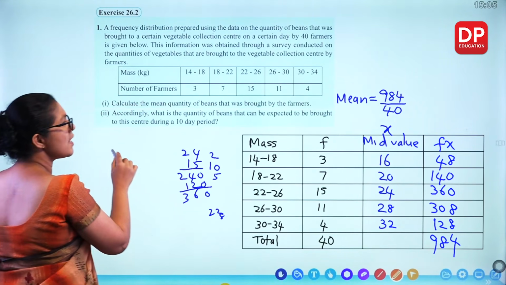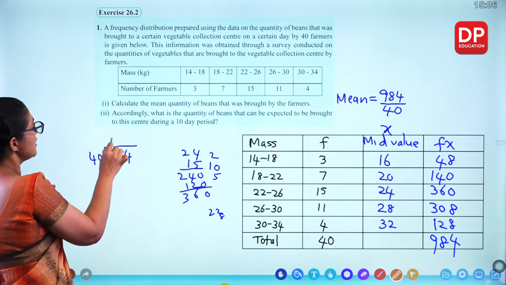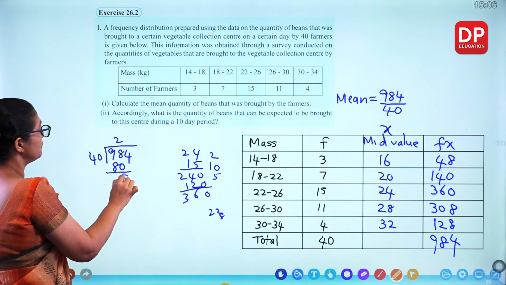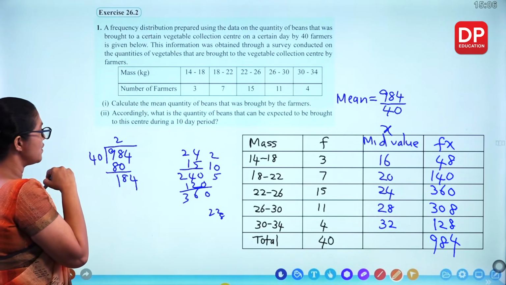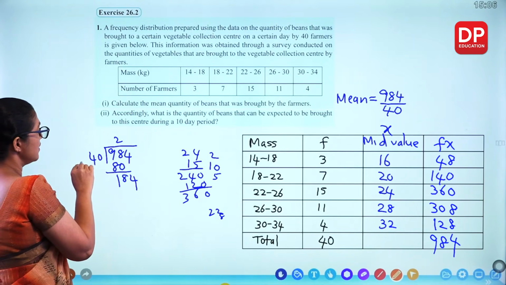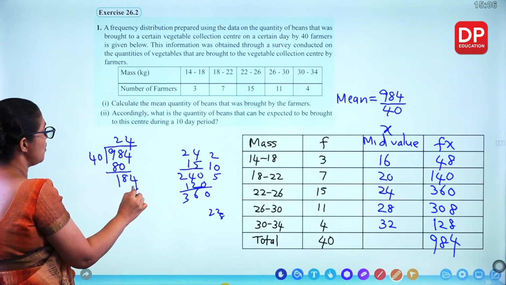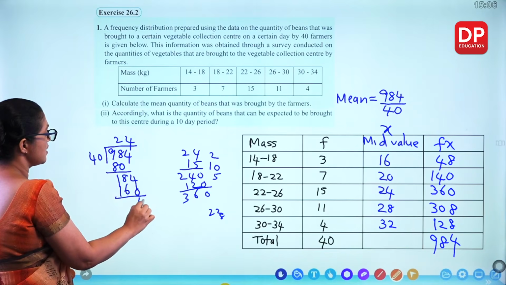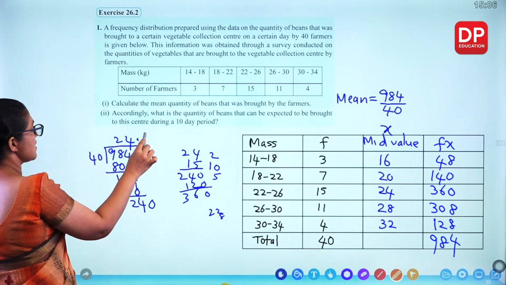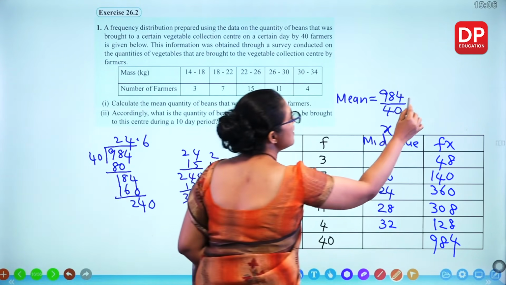Divide and find out the answer. 984 divided by 40, that's 2, 484 roughly. 4 times 0, 4 times 16. You get 24 for 240, that's 6. 24.6 is the mean value.